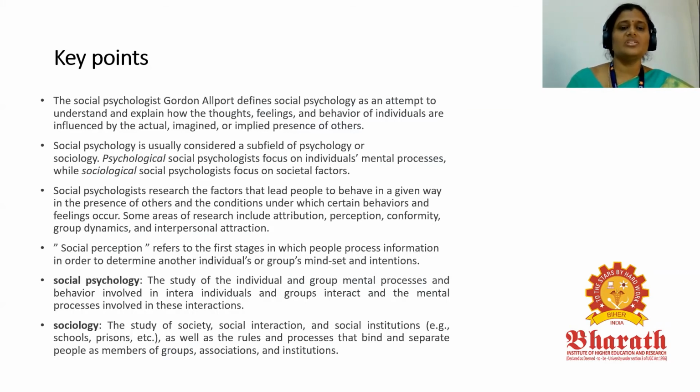Some areas of research include attribution, perception, conformity, group dynamics, and interpersonal attraction. Social perception refers to the first stage in which people process information in order to determine another individual's or group's mindset and intentions.